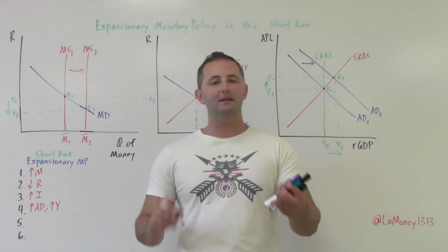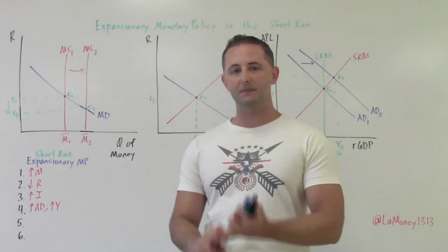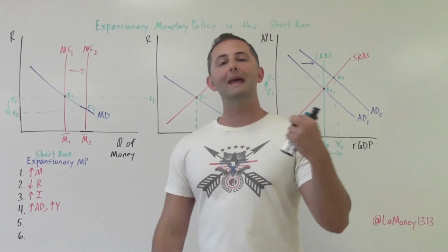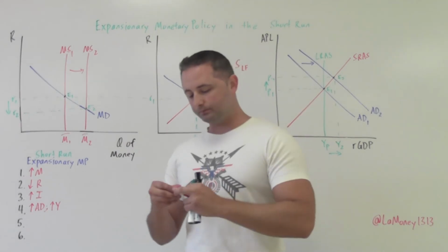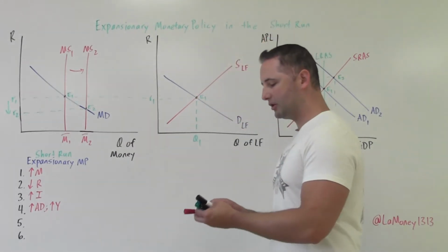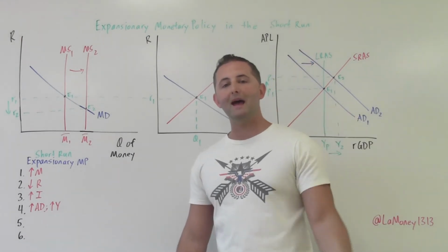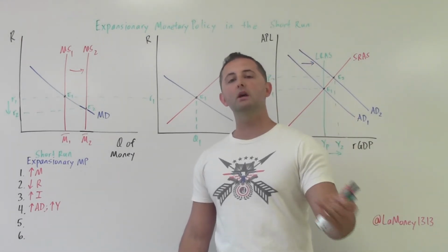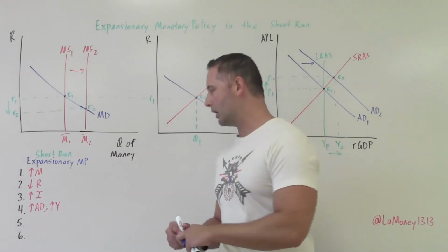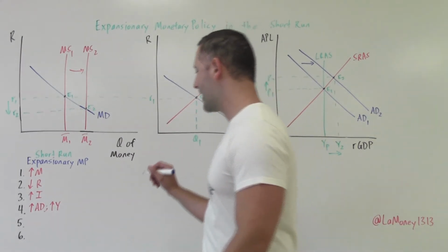Now the thing about Y, it doesn't just mean real GDP and it doesn't just mean output. It also means income. So when we have an increase in income, think about what you can do with your income. It can either be taxed, you can consume things, or, and this is the key one, you can save that money.